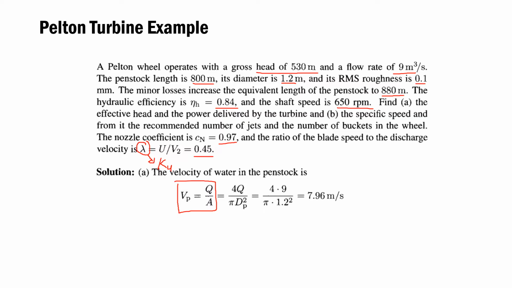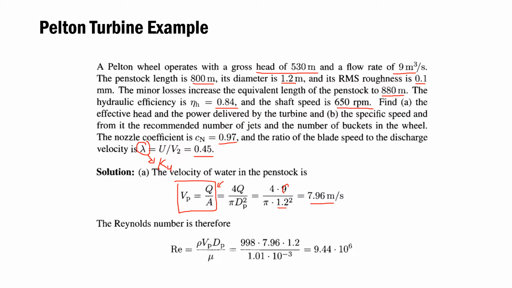If we rearrange and substitute the area of the circle into this equation, we get 4Q over pi d squared, and we plug in the information from the question, Q equal to 9 and d equal to 1.2. We get the velocity of water inside the penstock equal to 7.96 meter per second.